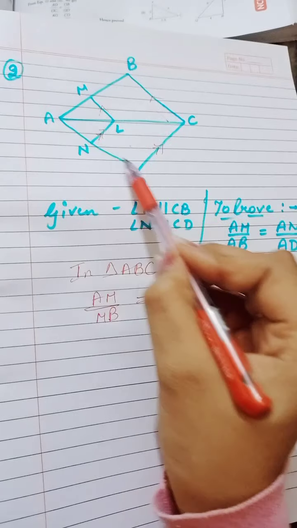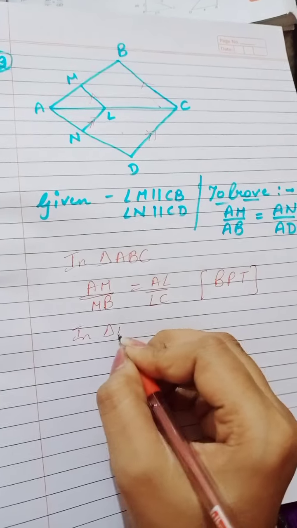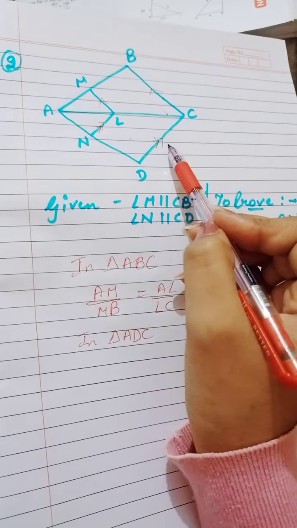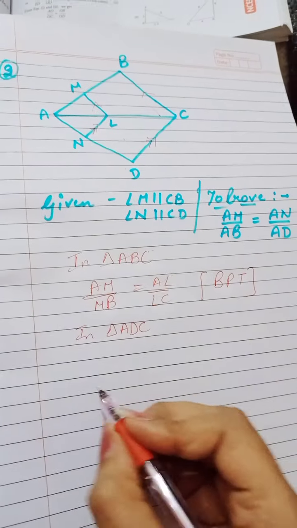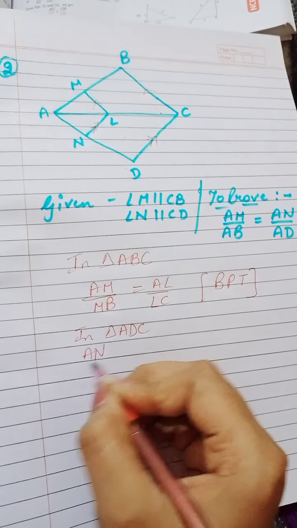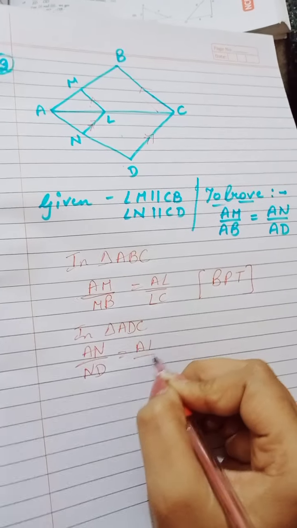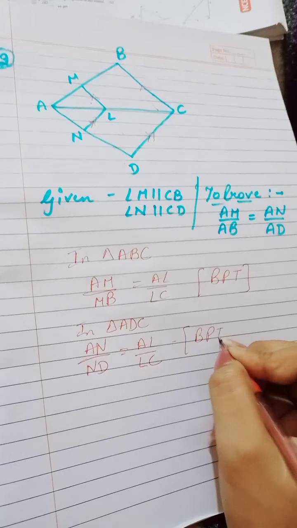Now in triangle ADC, these lines are parallel. Whenever the lines are parallel, AN upon ND would be equal to AL upon LC. This is also by using BPT in this triangle.